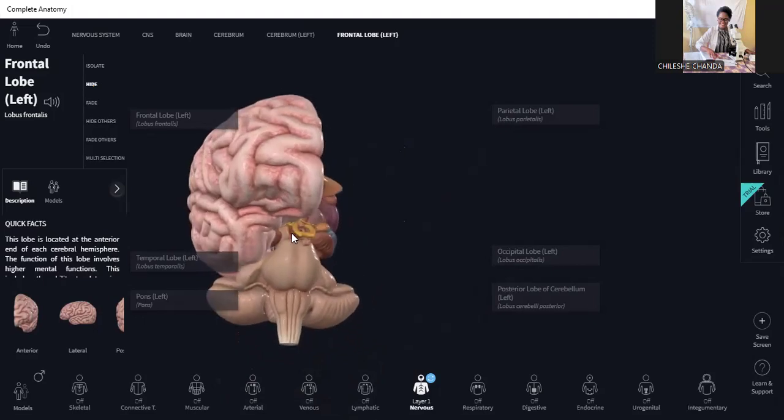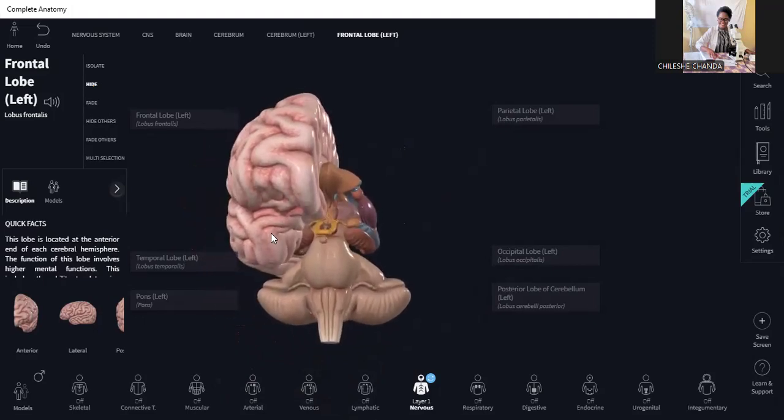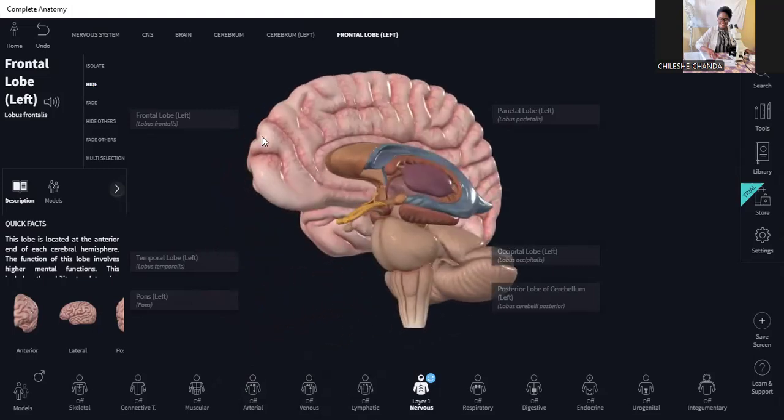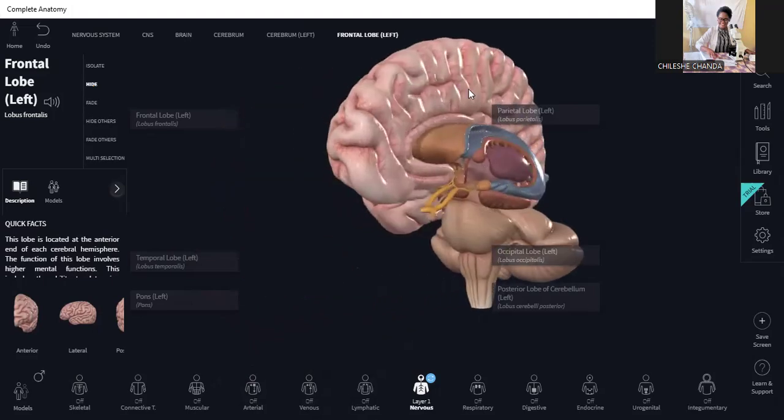Then you realize that each of these hemispheres has four borders. We have the superior medial border, and the superior medial border will separate the superolateral surface from the medial surface.